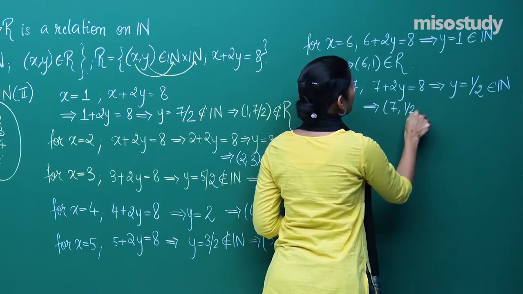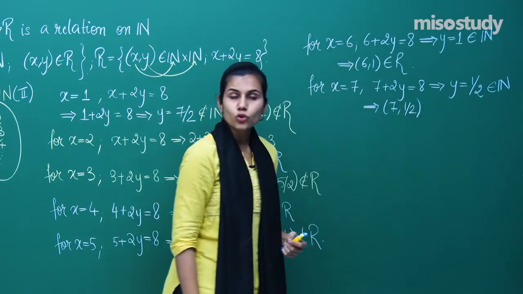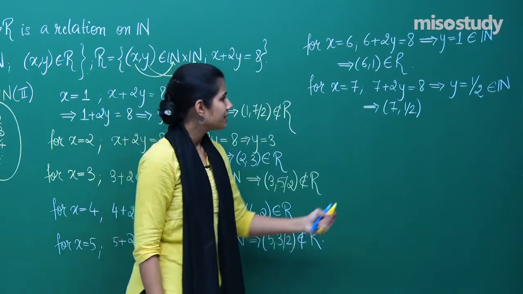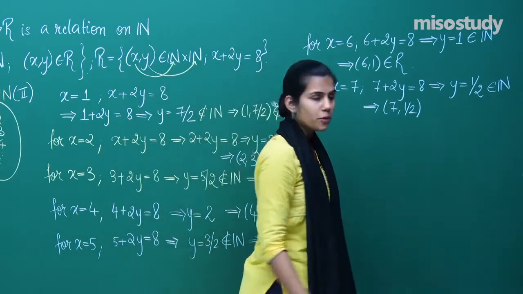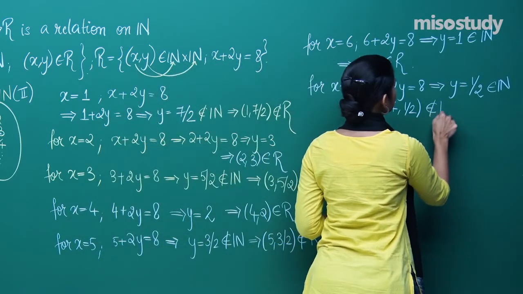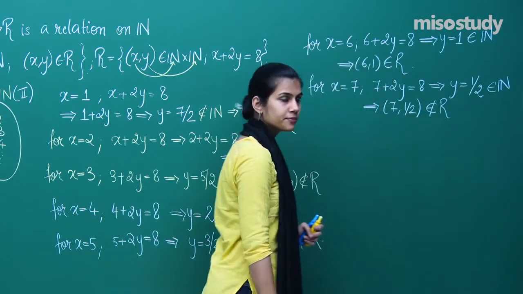Yes, 7 comma half satisfies the rule x plus 2y equals 8, but this ordered pair does not come from N cross N and therefore cannot sit inside R.